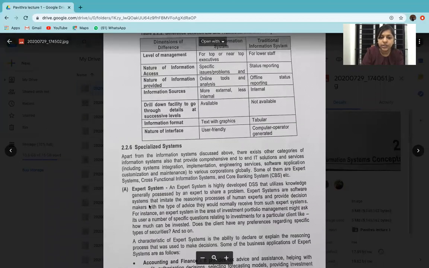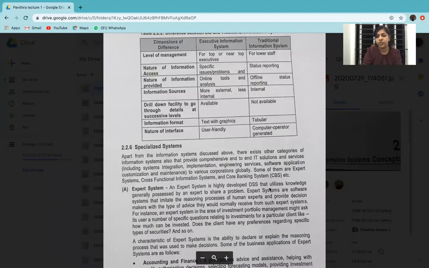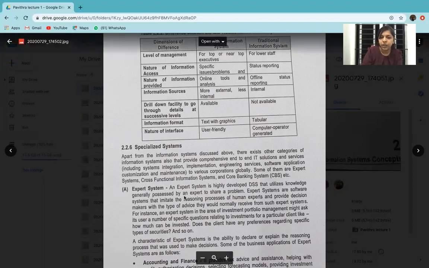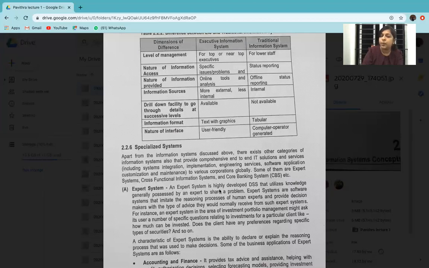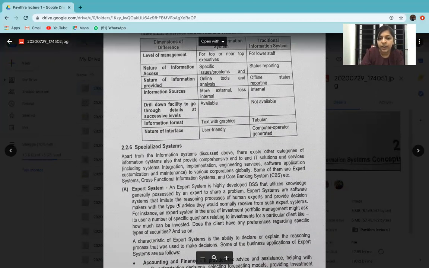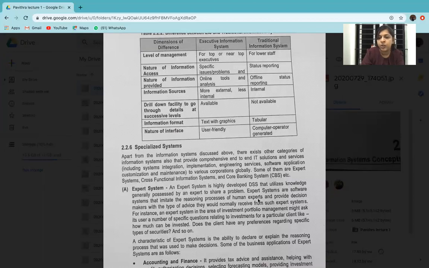What is an expert system? An expert system is a highly developed decision support system that utilizes the knowledge generally possessed by an expert. So an expert system is nothing but a DSS which has the knowledge of an expert. Expert systems are software systems that imitate the reasoning process of a human expert. It is nothing but a human in the form of a computer.